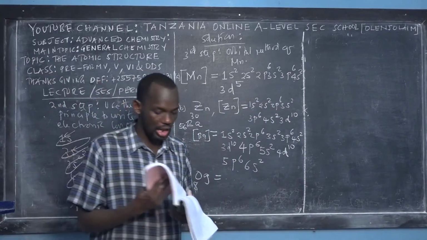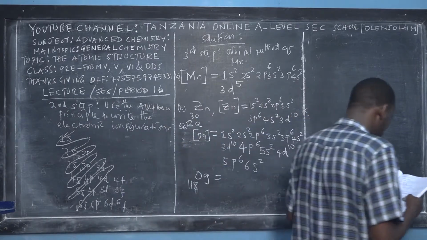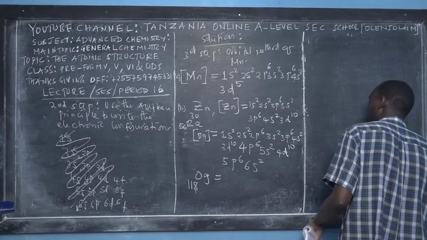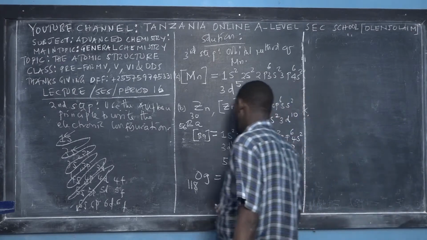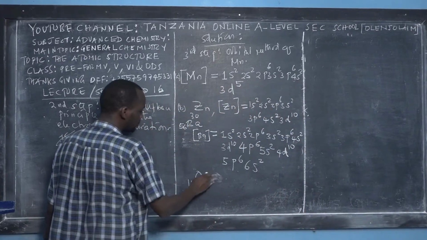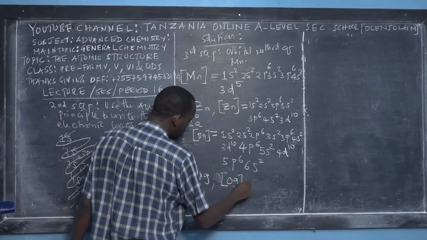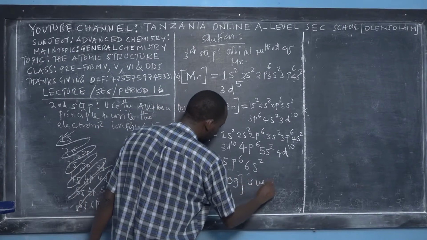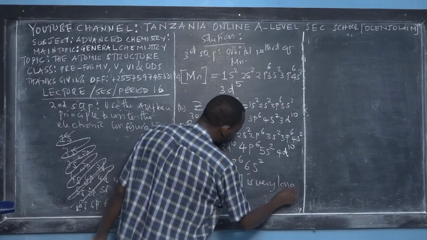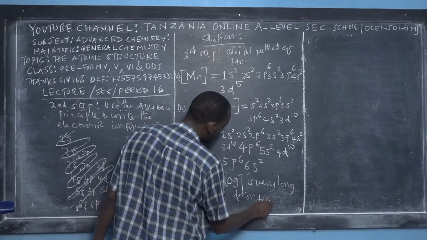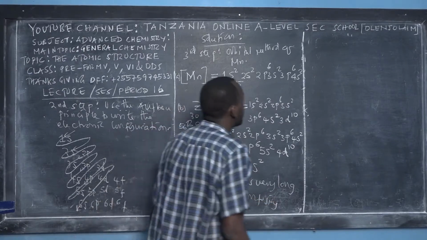Now allow me to teach you electronic configurations using the noble gases. You say that the electronic configuration of oganesson is very long, dirty and confusing.